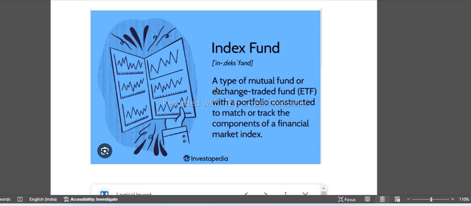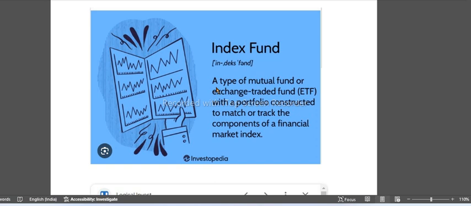You buy one Nifty 50 ETF, and that ETF has the top 50 companies in India. You can also trade that ETF, that is called an index ETF.